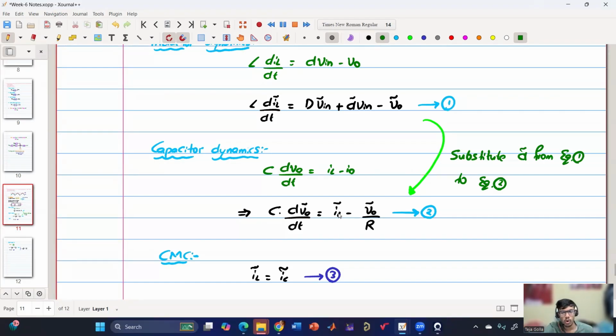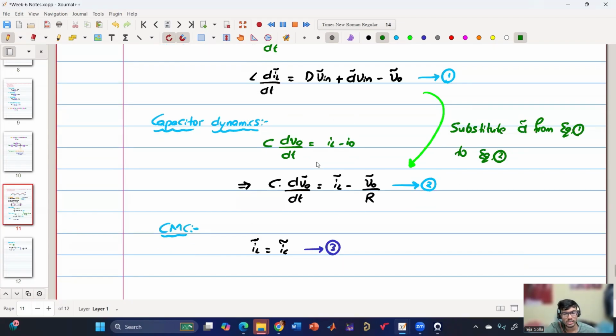So you need to know what d tilde is, right? That d tilde will come from here, and you need to substitute that d tilde in this expression in order to eliminate that. But in the case of buck converter, you don't have that expression. So d tilde is not coming over here. Because of this, equation 1 is not needed in order to get the control to output transfer function in the case of buck converter.